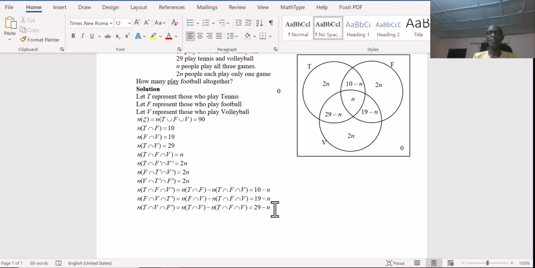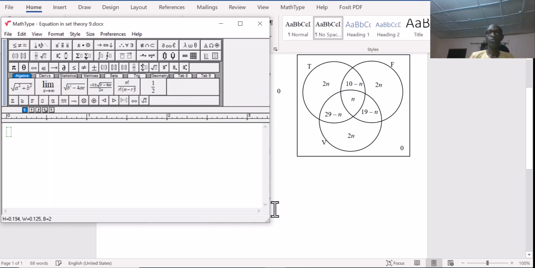You can add all the numbers you have been given, add them together. Everything must be equals to 90. So let's do that. So we have 2n plus 10 minus n plus 2n. Okay, let me do it like this first, so it will be simpler. 2n plus 2n plus 2n.